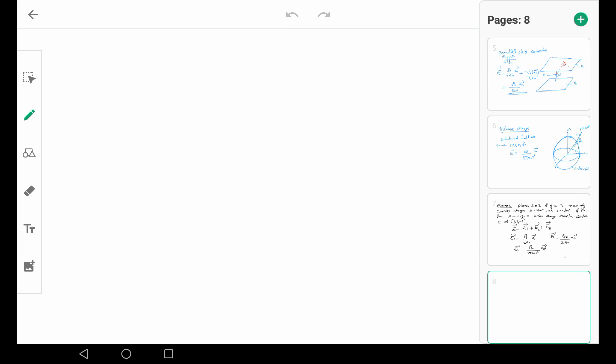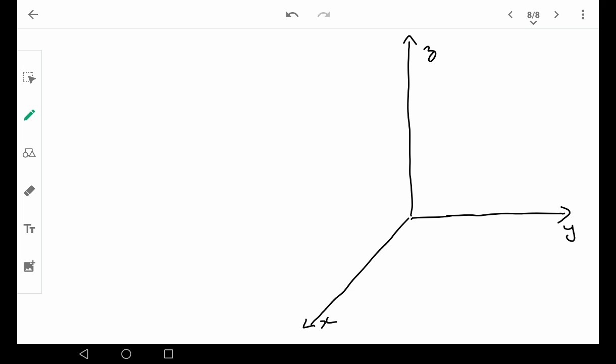I can draw them like this. See, this is the y direction, this is the x direction, and this is the z direction. So we have three planes, right? What are the two surfaces there? One is the surface x equal to 2.